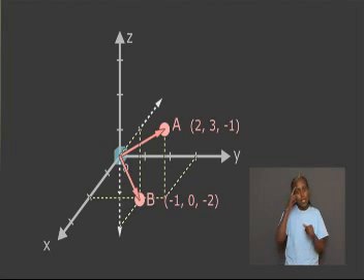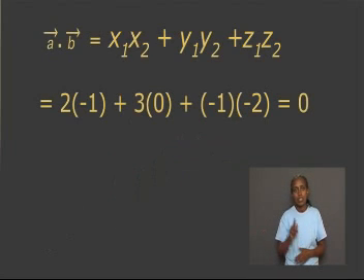Note that the angle between these two vectors is 90 degrees. What is the scalar product of these two vectors? This is our formula.